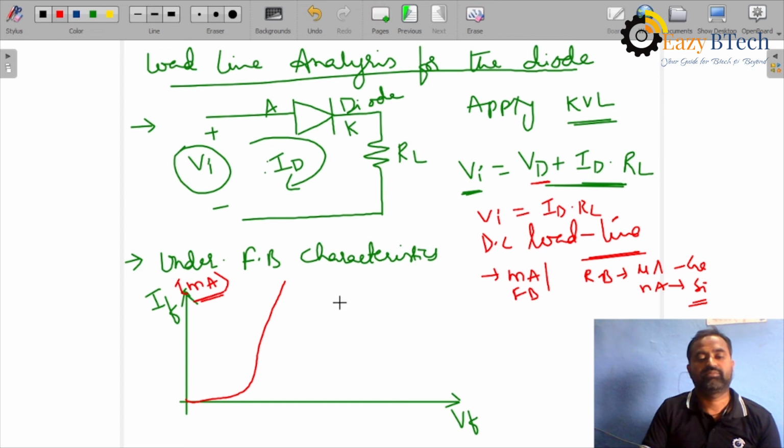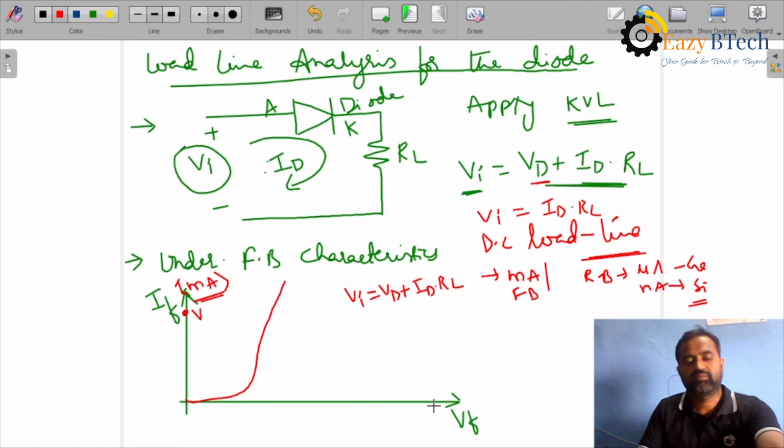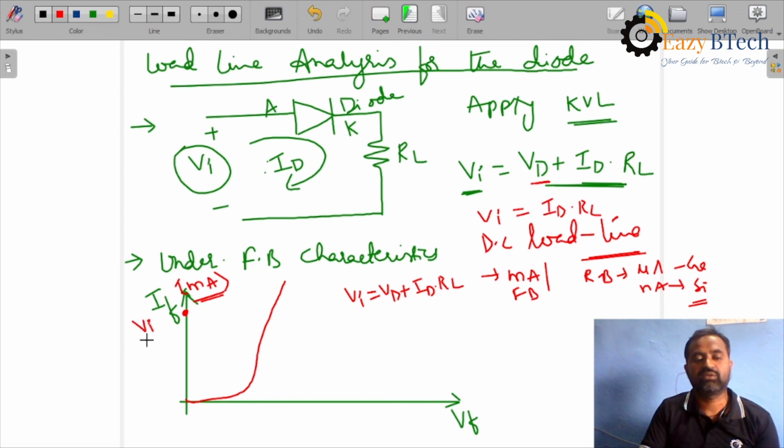From this graph, VI is equal to VD plus ID into RL. To calculate the forward current IF at this point of the load line, the voltage is 0 on the y-axis.